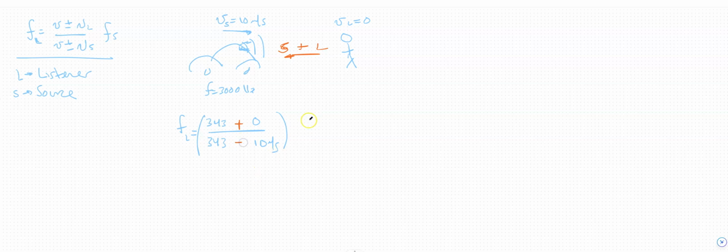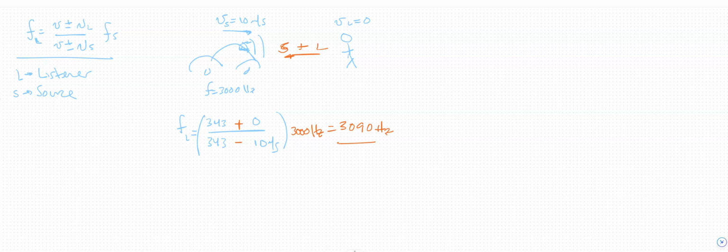So you put a negative and then you get your answer, times the frequency of the source, the 3000, and you get your answer: 3090 hertz. You see it's higher. This is what we expected. Moving towards you is going to be higher pitch.